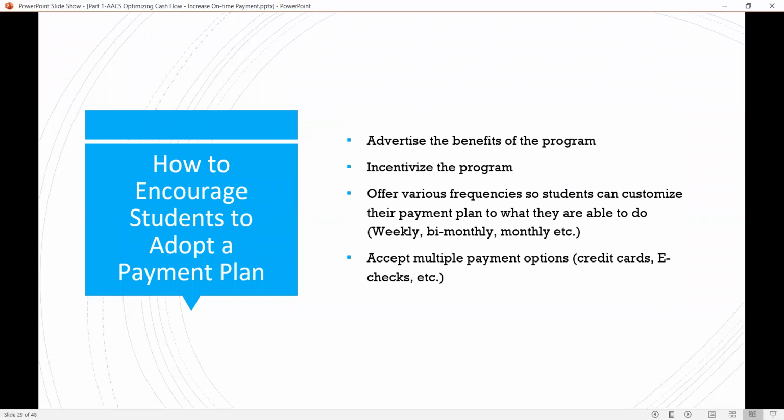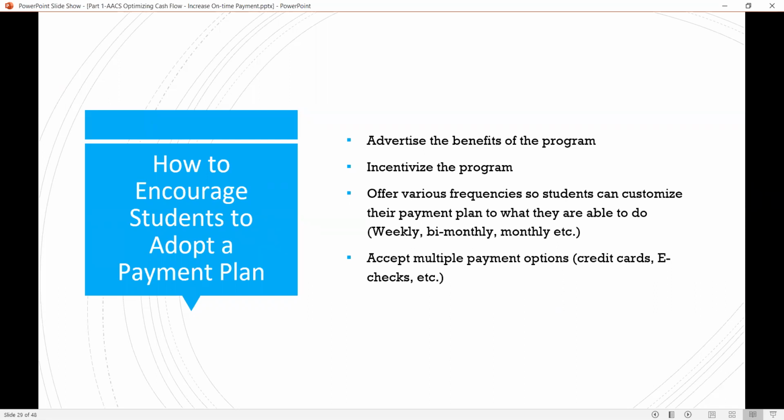You want to advertise the benefits of the program. You want to offer incentives with the program. Also offer various frequencies so students can customize their payment plans, like weekly, bi-monthly, monthly, quarterly, every 4 months, or yearly, depending on the student's situation.